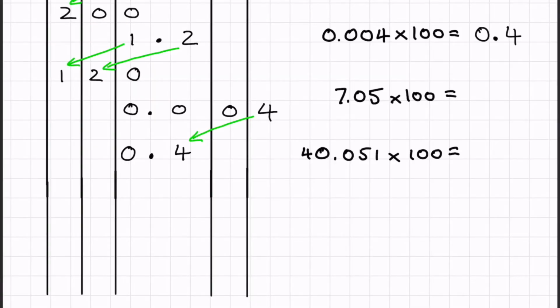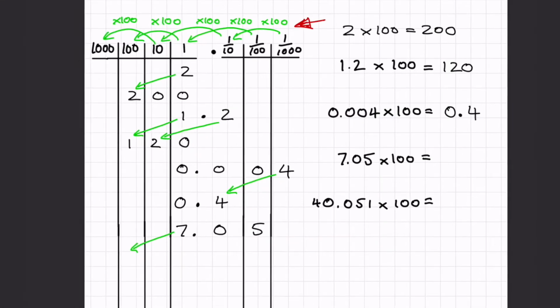7.05 multiplied by 100. So we have 7.05. We're going to multiply it by 100. So the 7 is going to move 2 columns to the left. So the 7 has now moved from the units to the hundreds column.